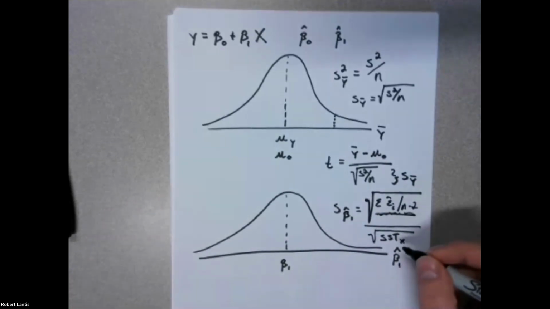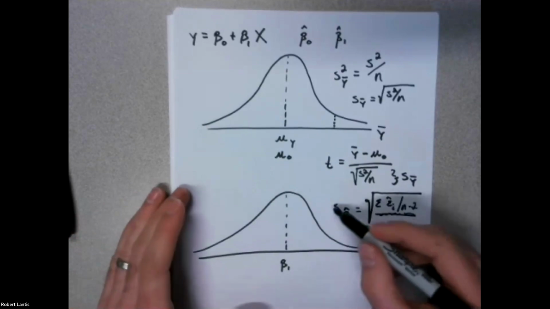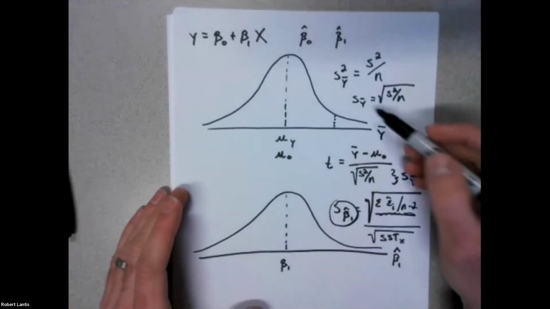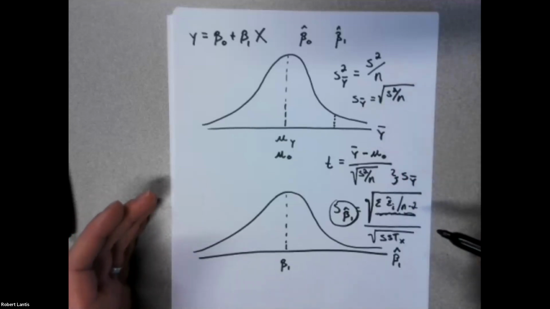Remember, we were writing this slightly differently last class, thinking about the R square, but this was the total sum of squares. So this was the total sum of squares that existed in that X variable, or the total amount of variation that existed in that X variable. We're not going to actually calculate this by hand, but you can think of this as the standard deviation of our sample coefficient. It's very similar to the standard deviation of our sample mean. It's just a little bit more complicated to calculate.